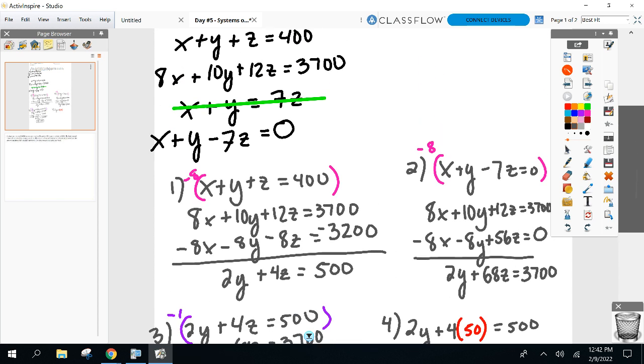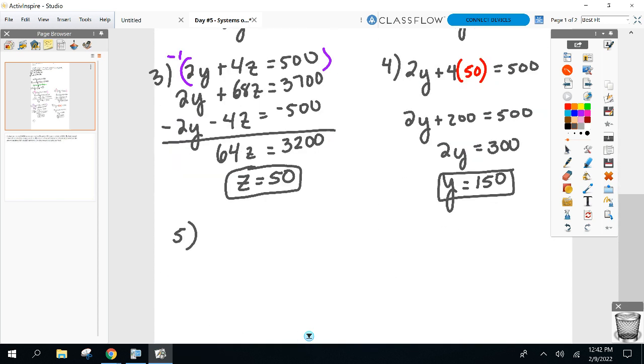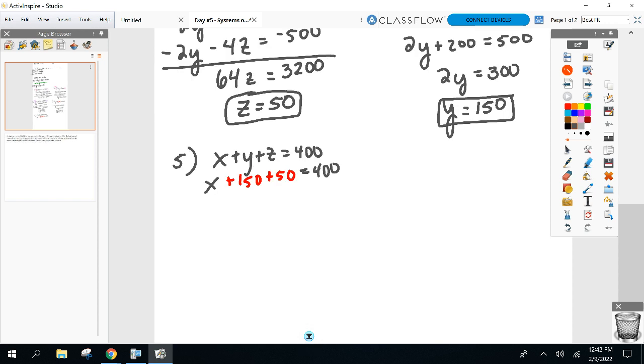Maybe the first one. And then how many of the $8 tickets? 200 of them.